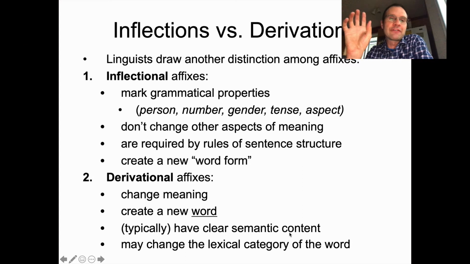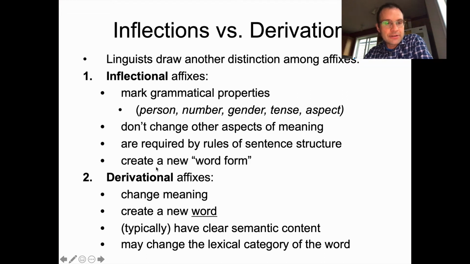So you can look at the affix by itself and say, well, that means this. Like I gave you an example of un- attaching to adjectives, and it means the opposite of that adjective, like unhealthy or uncertain, and so forth. By the same token, a derivational affix might change the lexical category of the word as well, in addition to changing the meaning of the word.